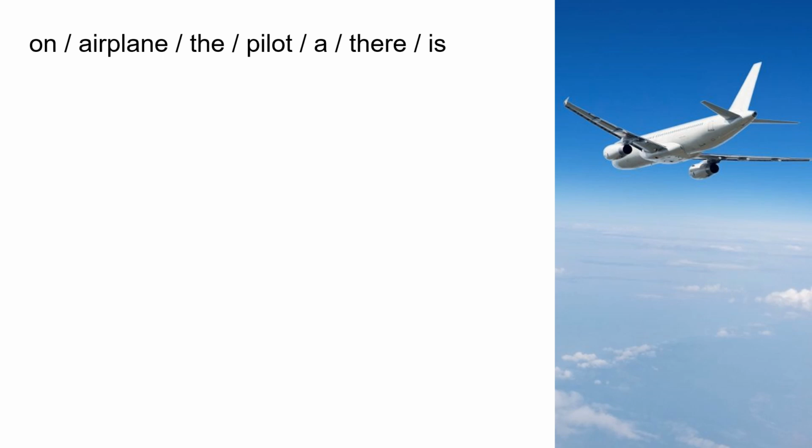And now we have the sentence about the airplane and pilot. There are two possible subjects, but we have "there". So when we have "there", we start with there, and the verb is. So there is an airplane, or there is a pilot.